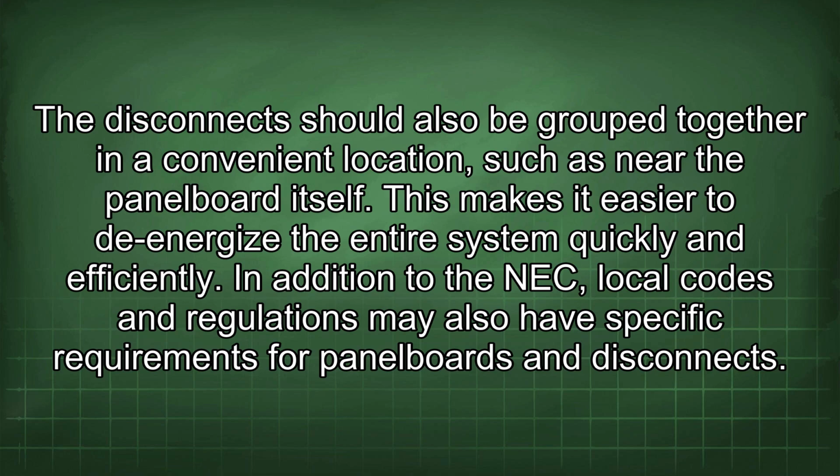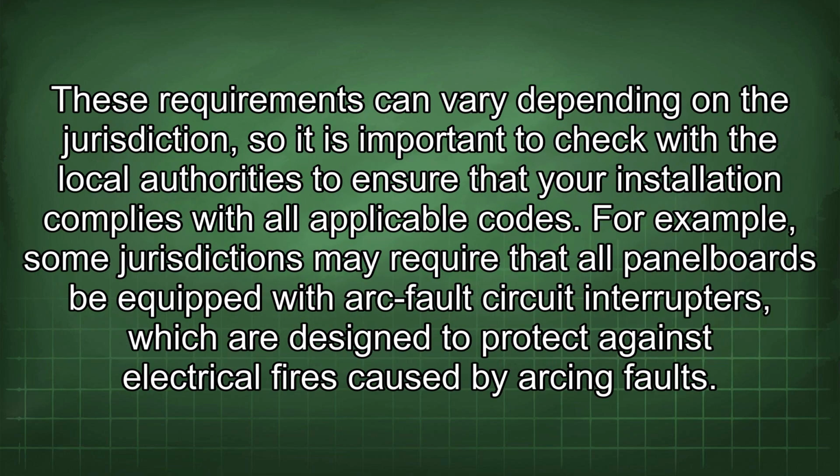In addition to the NEC, local codes and regulations may also have specific requirements for panel boards and disconnects. These requirements can vary depending on the jurisdiction, so it is important to check with the local authorities to ensure that your installation complies with all applicable codes.